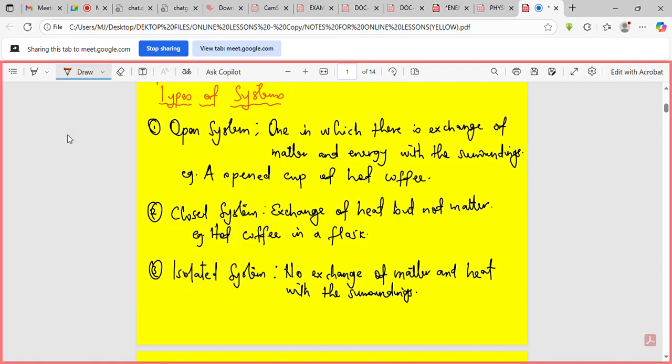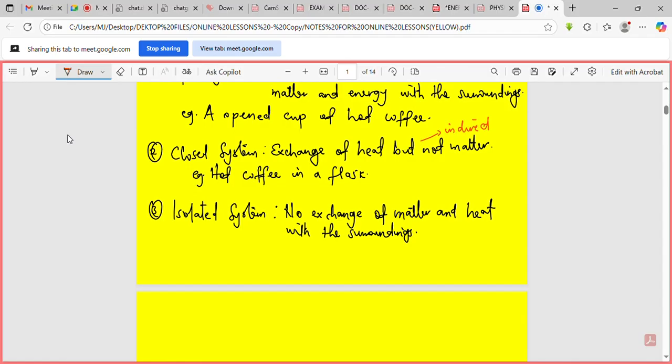So here we said there is direct interaction, and then here it is indirect. And then in the case of isolated systems, there is no interaction because there is no exchange.